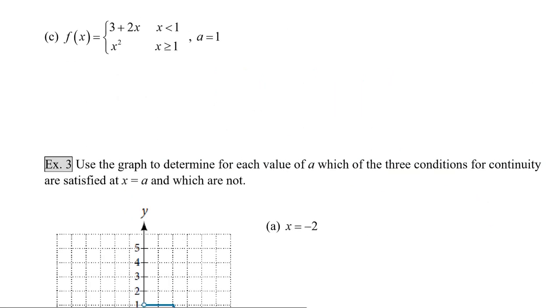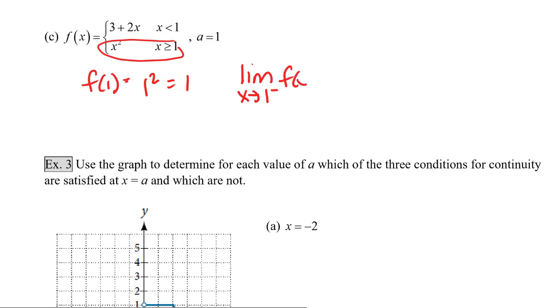Part C, we have another piecewise function, and we want to see if this is continuous at x equal to 1. So first I'm going to evaluate f of 1. I get that by plugging into this part of the function because this is for when x also equals 1. So that is 1 squared, which is equal to 1. Now, because this piecewise function is defined differently to the left and right of 1, I have to evaluate the left and right-sided limits separately. So the limit as x approaches 1 from the left of f of x is going to be defined by this piece of the function because that is to the left of 1.